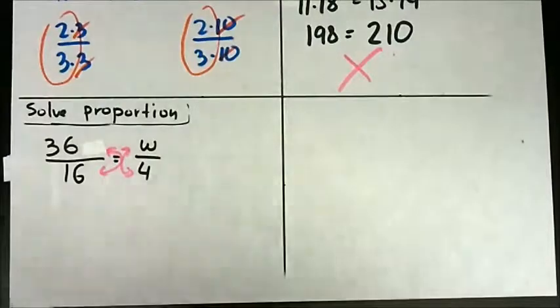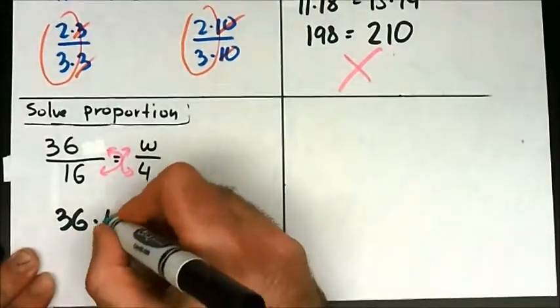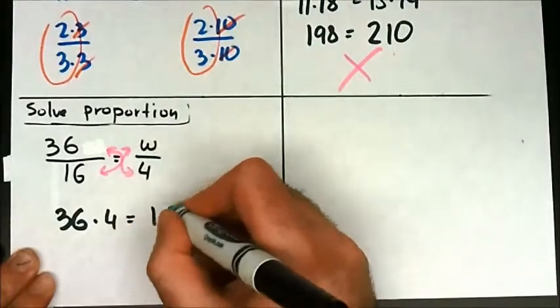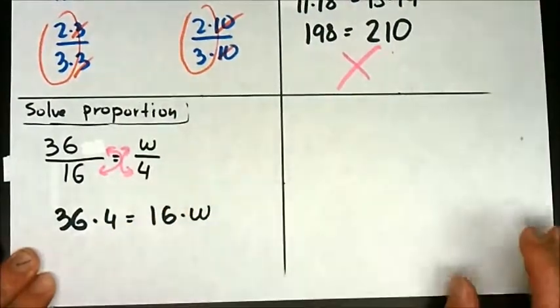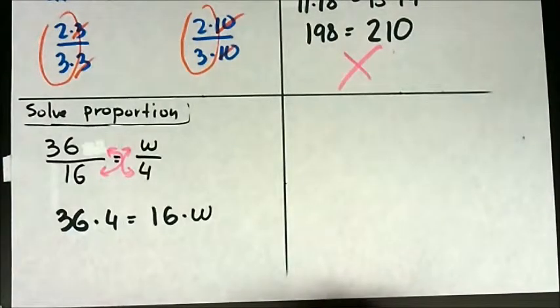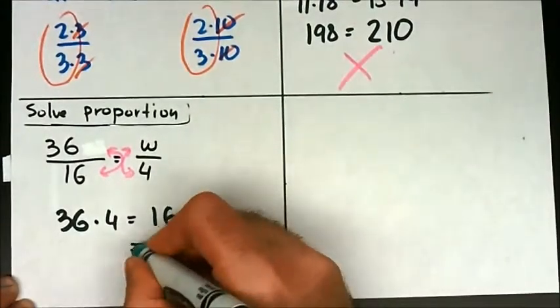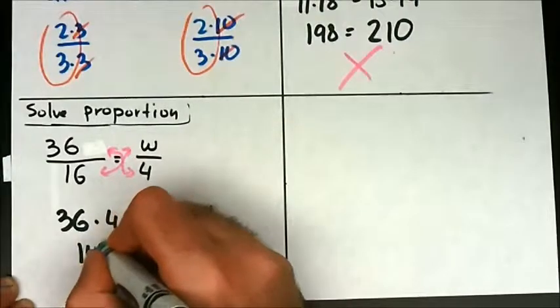So the cross products are 36 times 4 equals 16 times W. So what is 36 times 4? Anyone? 144.